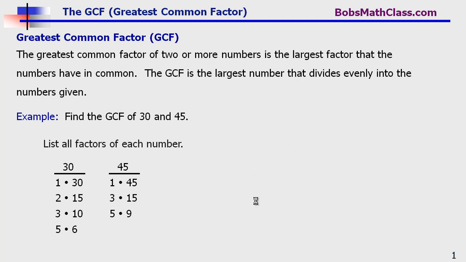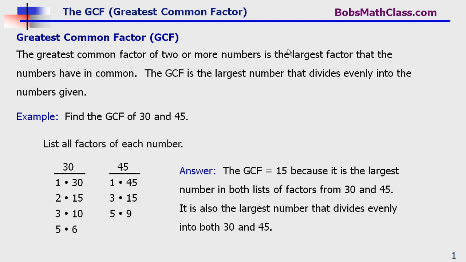So what we're looking for is the largest number that's common. Well, what's the largest number? 15. 15 is our largest common factor, the greatest common factor. So the largest number is 45, but there's not a 45 for a factor of 30.